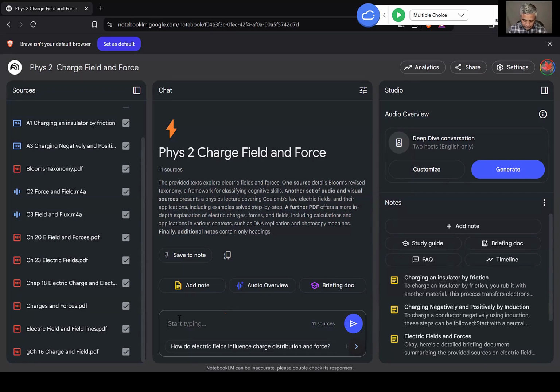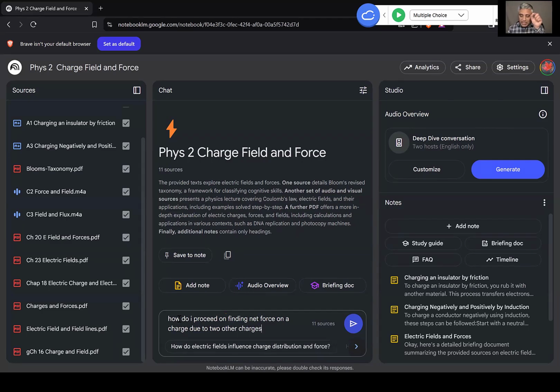So for example, of course you can have your own prompt, but here what I'm writing is, how do I proceed on finding, let's say, the net force on a charge due to two other charges.